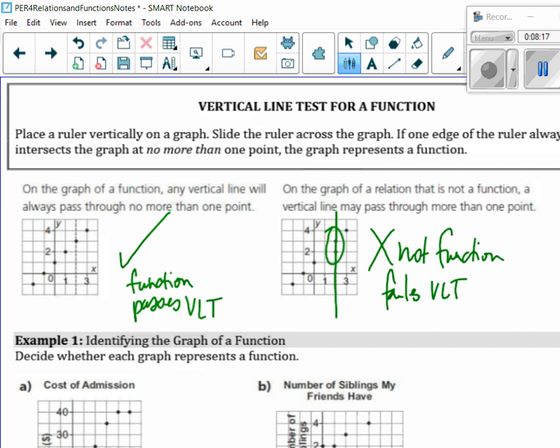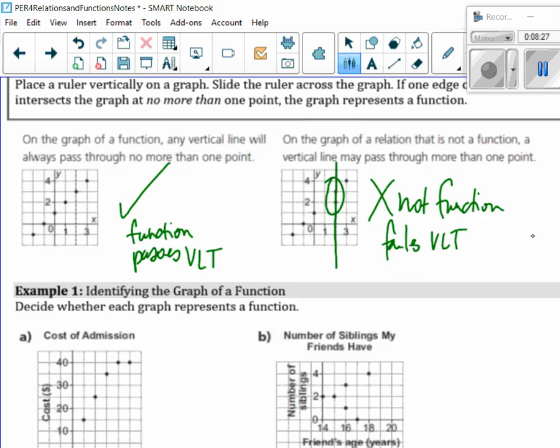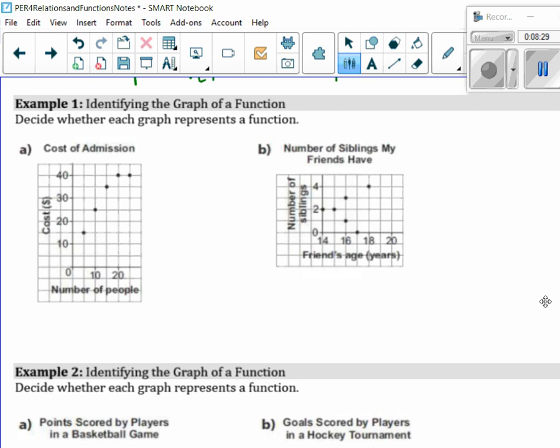Okay, so does everybody understand how to use the vertical line test on a graph to see if it's a function or not? Pretty easy, right? Yeah. So decide whether it's a function or not. I'll give you 2 seconds to do A and B. If you want, you can just put checkmark for function, X for not function. Okay.